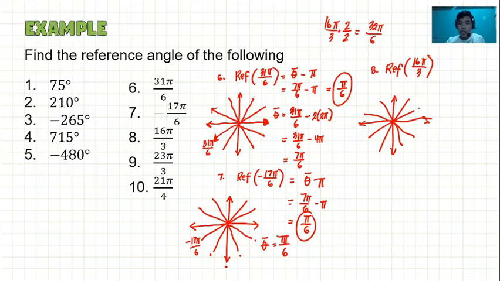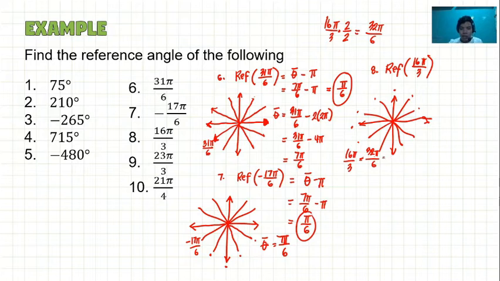So 24, 25, 26, 27, 28, 29, 30, 31, 32. So this is 32 pi over 6. So it is still located at quadrant 3. So 32 pi over 6 or just 16 pi over 3, right? So they are just equal, 16 pi over 3.